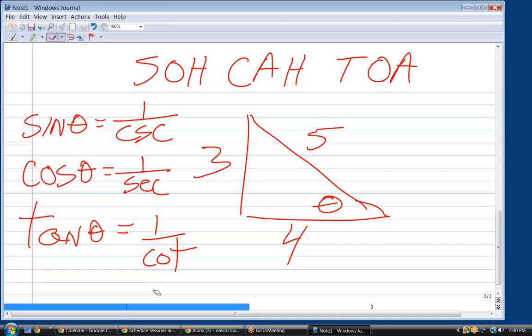All right. So what would the cosecant of theta be in this triangle that I've drawn? Cosecant would be 5 over 3. Yeah. In other words, these reciprocal relationships work both ways. Cosecant is also equal to 1 over sine.